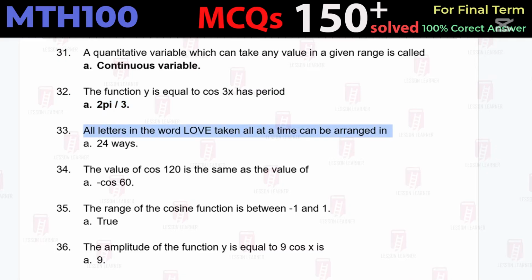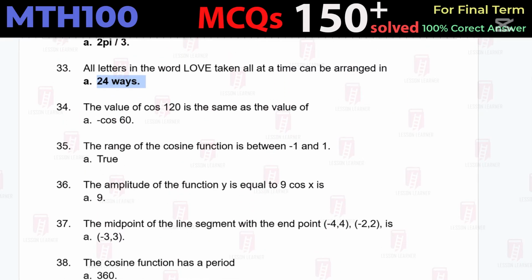All letters in the word love taken all at a time can be arranged in 24 ways. The value of cos 120 is the same as the value of minus cos 60. The range of cosine function is between -1 and 1. True.